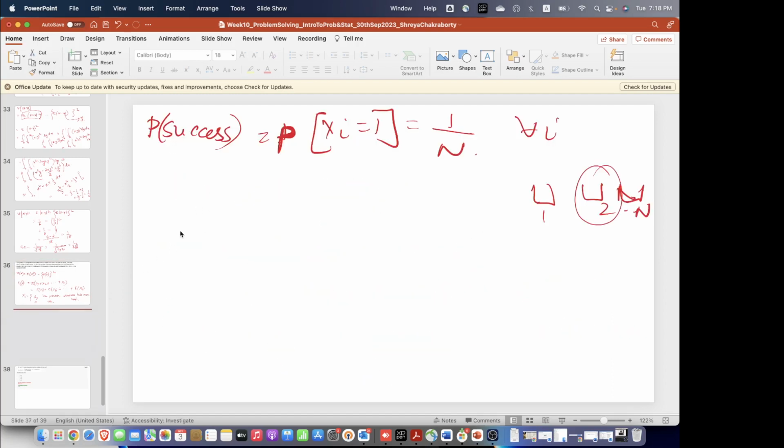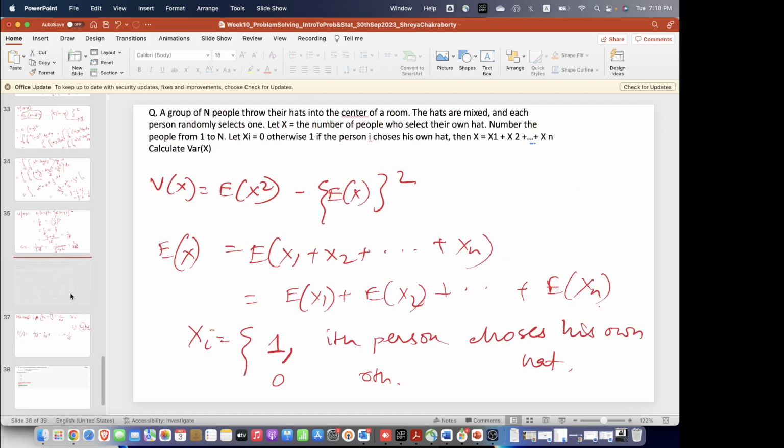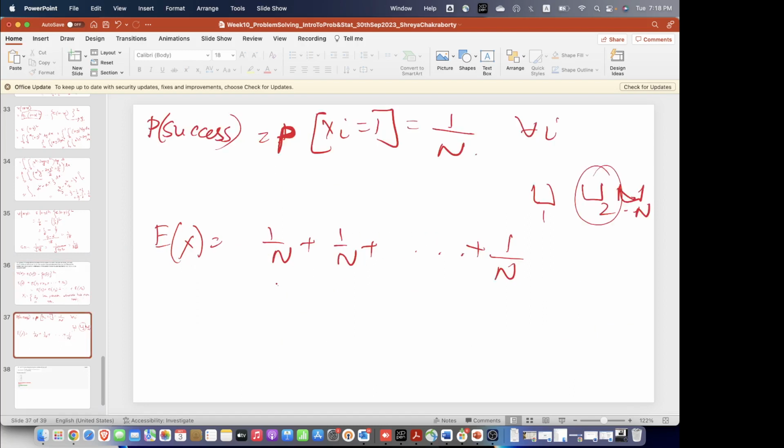So the expectation of x would be 1 by n plus 1 by n plus 1 by n, which is 1 by n, n times.